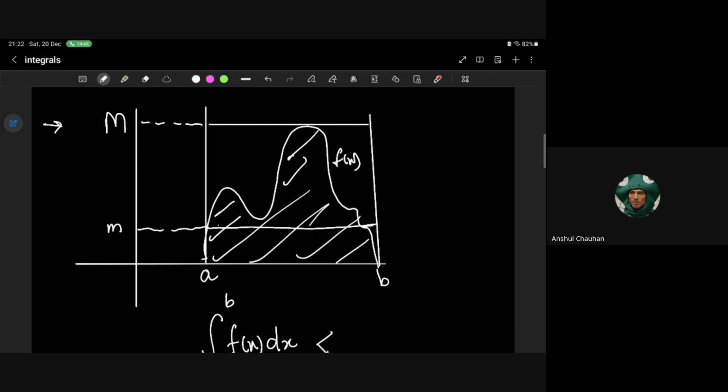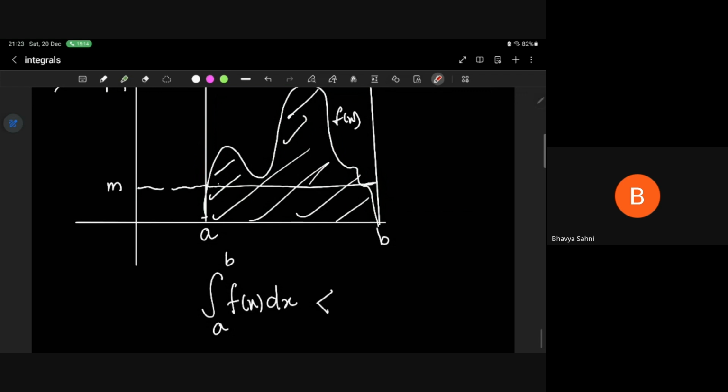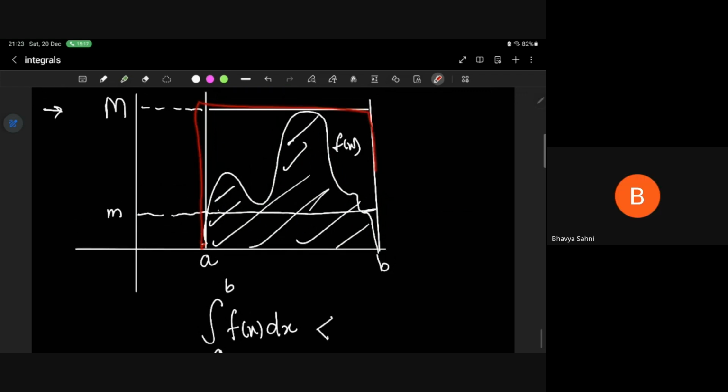Tell me the area of the bigger rectangle. No, the bigger rectangle. See, I will show you, this is the area that we want to find, right? The function area. Correct? Can we say the function area will be less than this whole area? Obviously, the area of the function is less than this whole rectangle. It constitutes a small part of the rectangle. So the area of this function will always be less than this area.